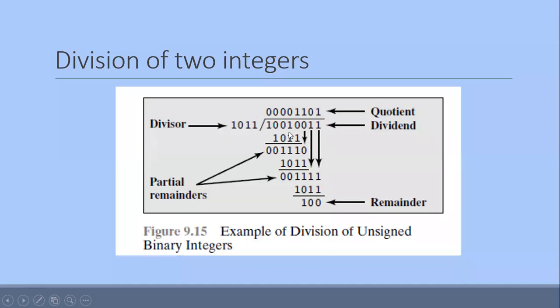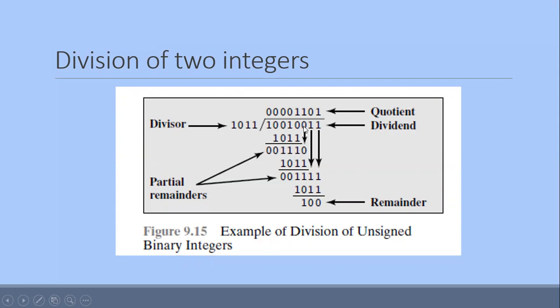Again 1 minus 1 will be 0, and 0 minus 1 will be 1, and again borrow 1. So 0 minus 1 will be 1 and borrow 1. Here 1 minus 1 will be 0, and again a borrow is generated, 1 minus 1 will be 0. So this is the partial remainder you have got.